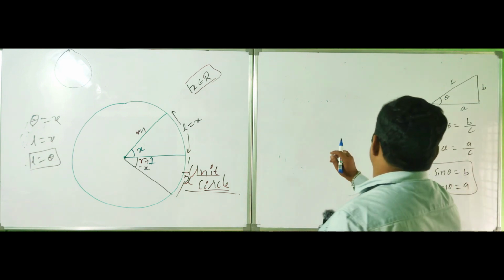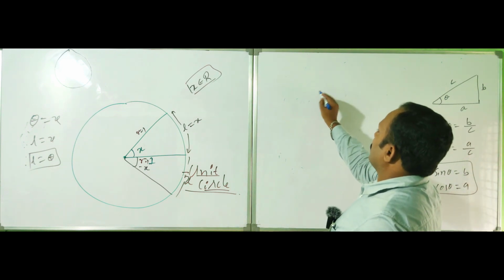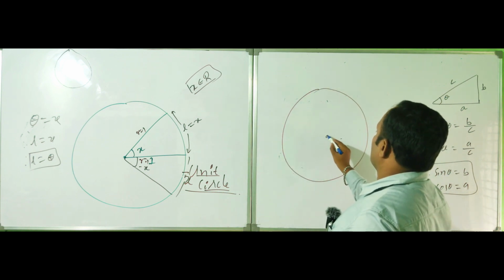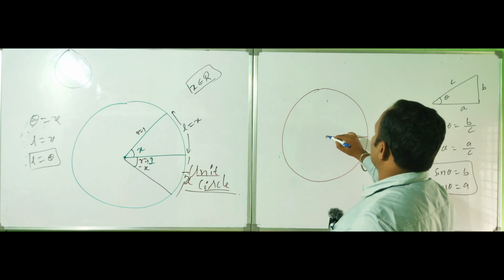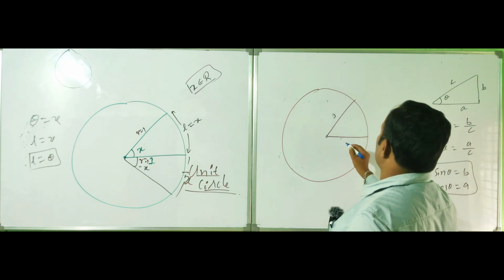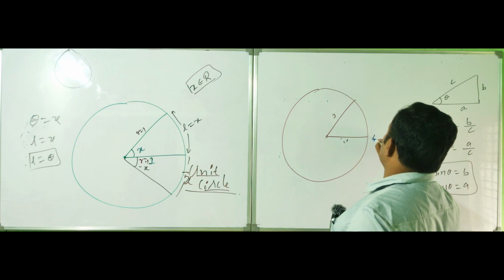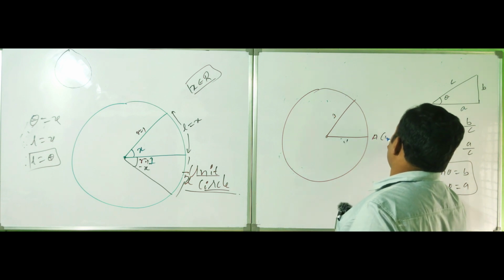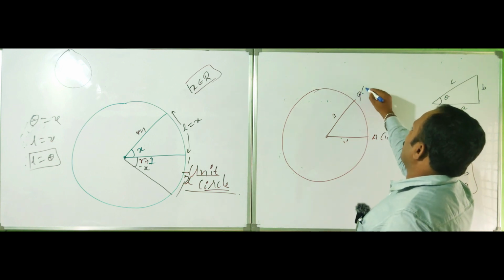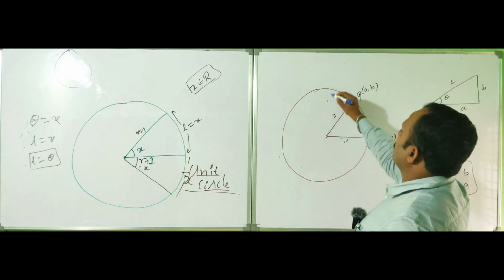Similarly, consider the unit circle of radius 1. This is 1, this is 1, this is the point 1 and 0, and this is a point somewhere else, A and B in between.